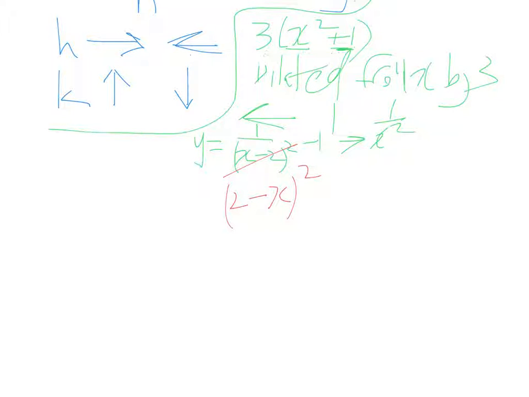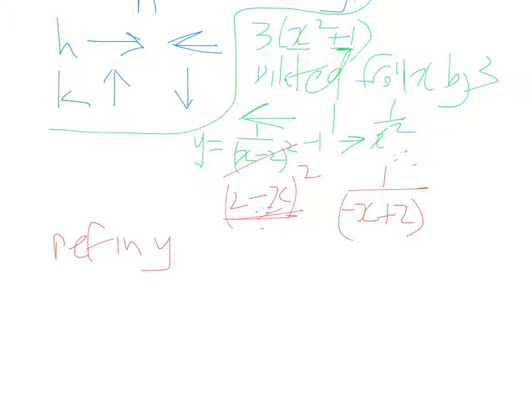Well, firstly, we've got a reflection in the y-axis. So that's what we end up seeing there. Now we want to rewrite this as 1 over (negative x plus 2), all squared, and we've got minus 1.